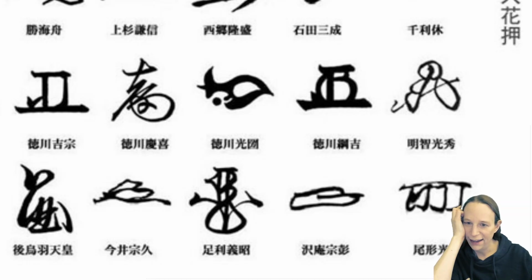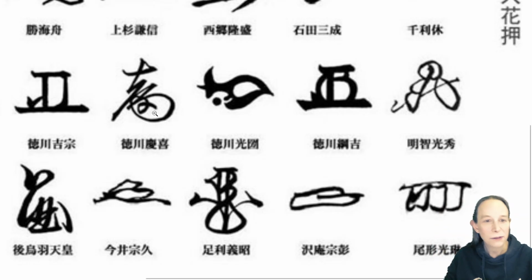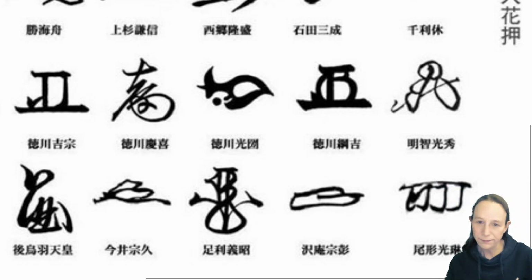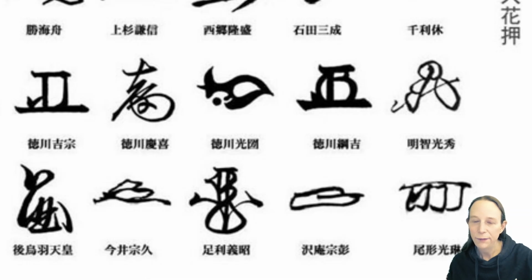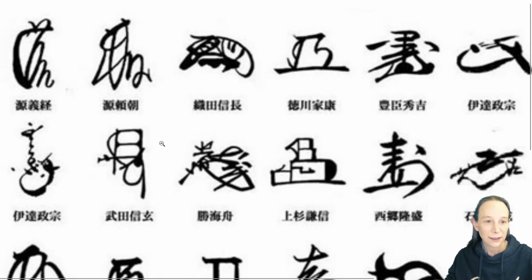And I cannot understand any of these, but I get the feeling I'm not meant to, right? That one looks like show, right? 德川什么看不清. I don't know what all that means. Oh, that one looks cool. It looks like sideways Arabic or something. I like that one.